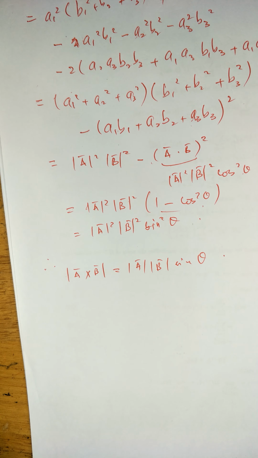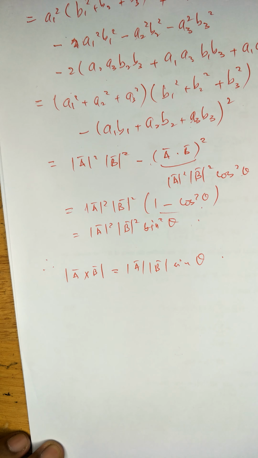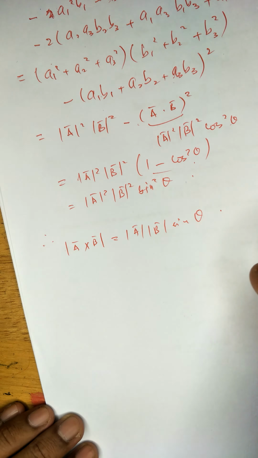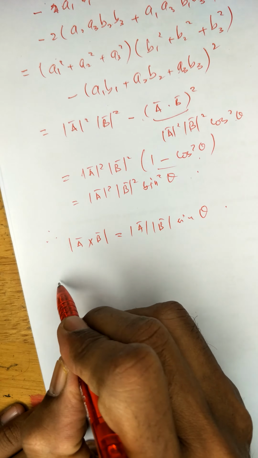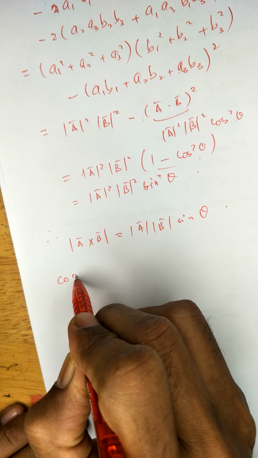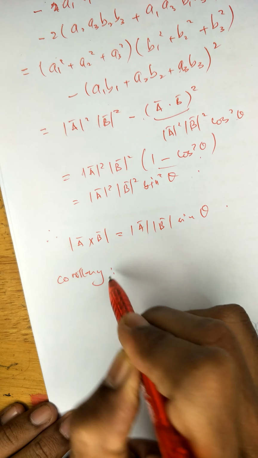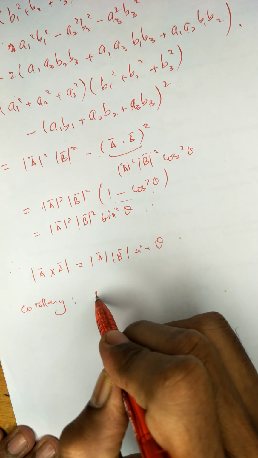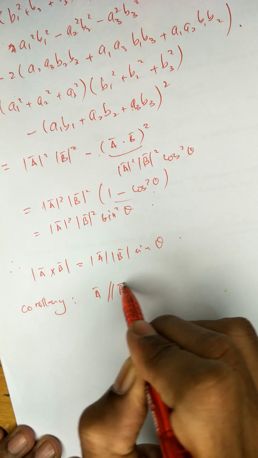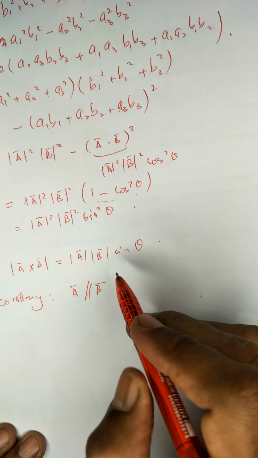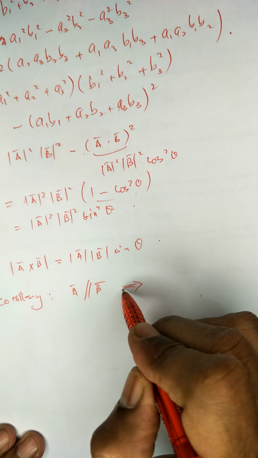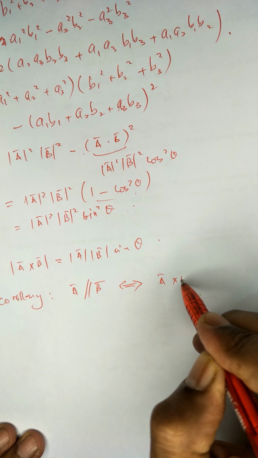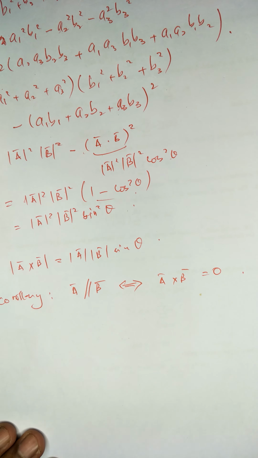And as I mentioned earlier, if A is parallel to B, it doesn't matter the direction, then A cross B gives you 0.